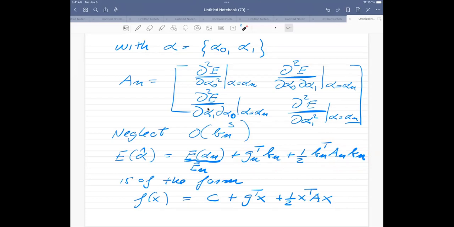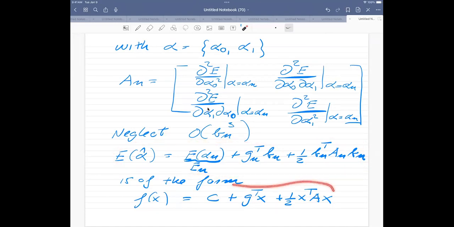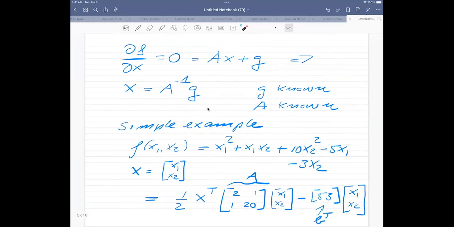So what we are going to do now is simply to calculate the gradient of this expression here, and we want to drive that gradient to zero. So essentially what we are doing now is to take an expression of this form, which looks very much like this. And the simple example, which we looked at before the break, was this example here.